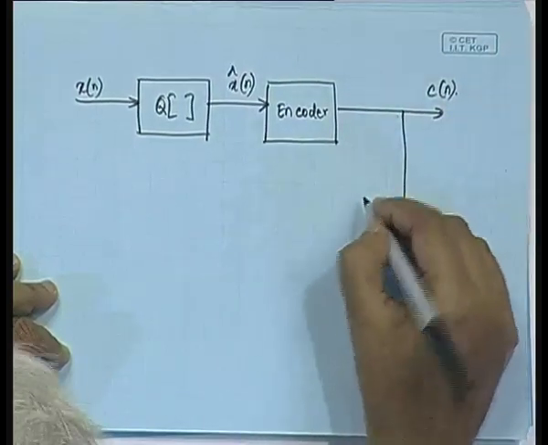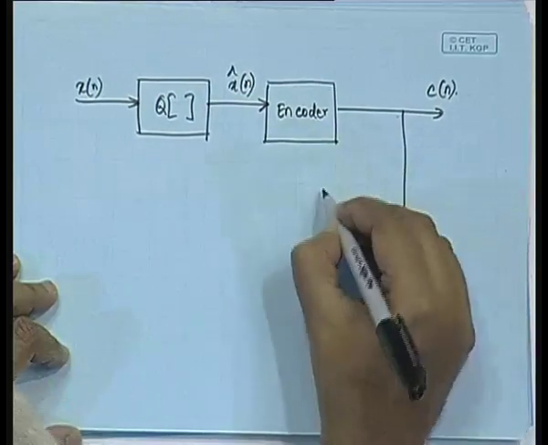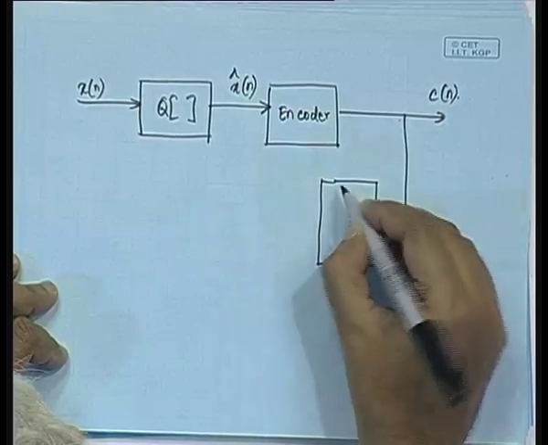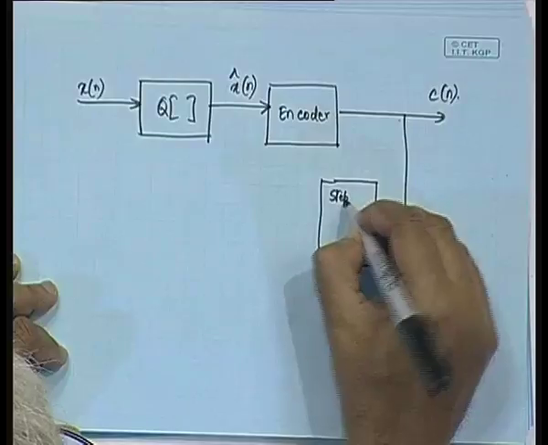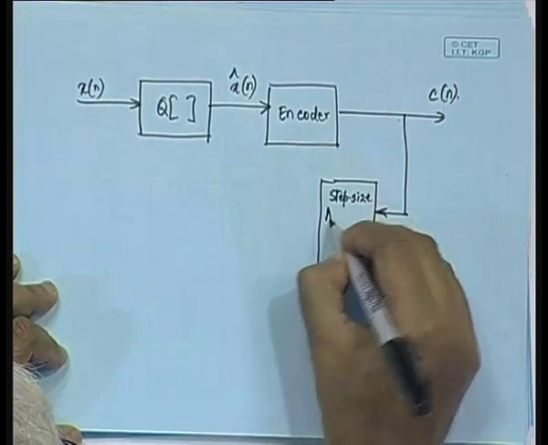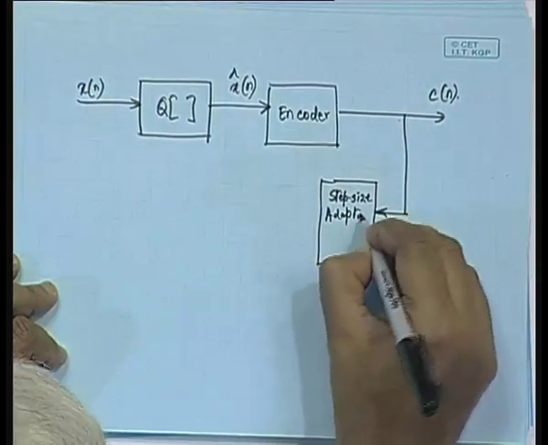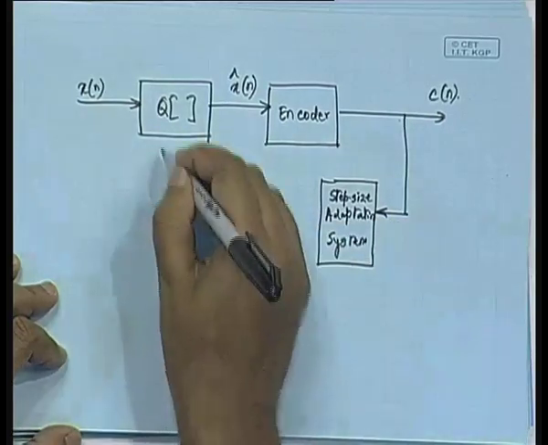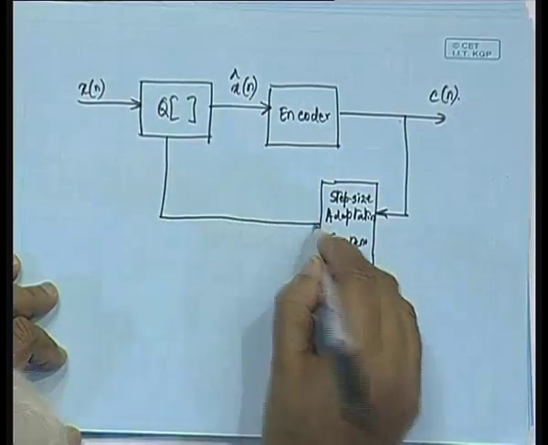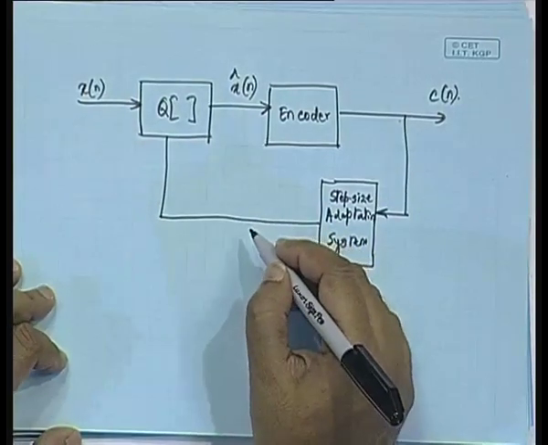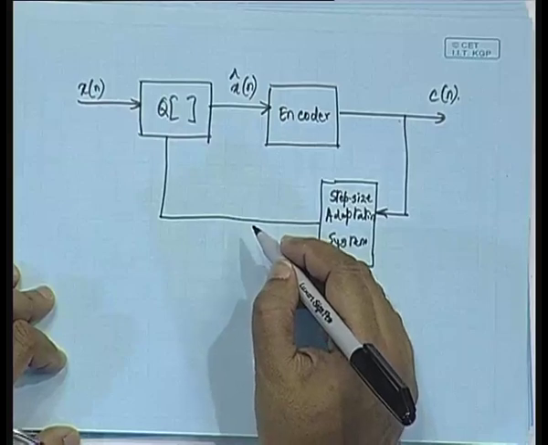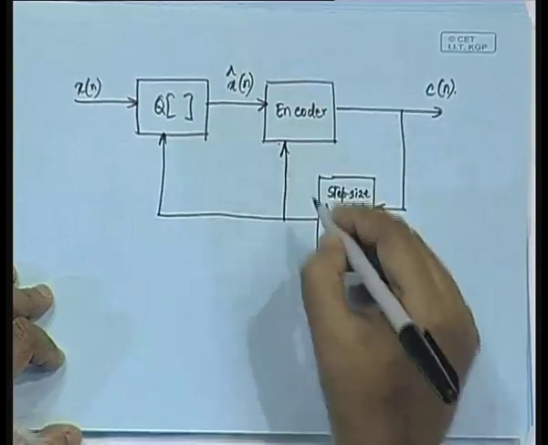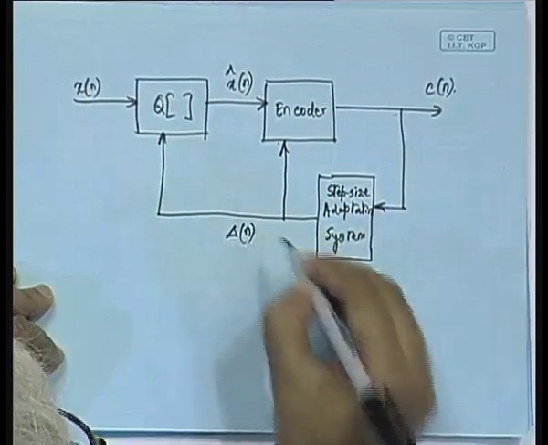Because it is feedback we are taking it from C of n, and this block instead of the gain adaptation will be the step size adaptation system. The step size adaptation system will decide the delta. Now we are going to call that delta of n, not delta, because this delta can change from sample to sample.